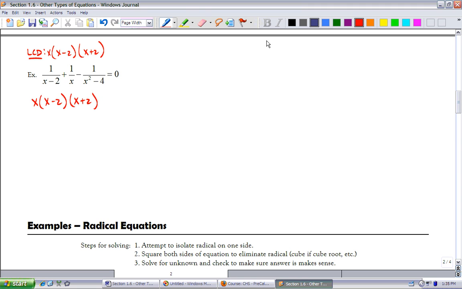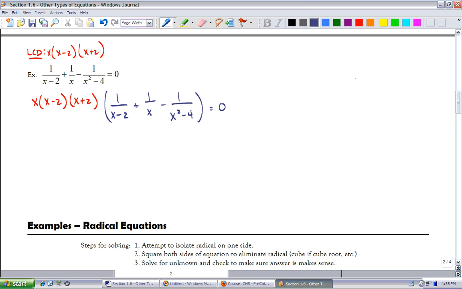Okay? When I do that to the left-hand side of the equation, here's the left-hand side of the equation. And again, you probably wouldn't write out these steps once you get real comfortable with this.